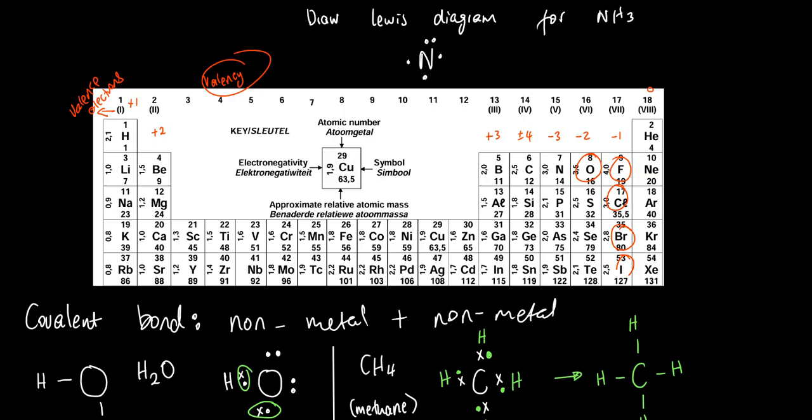And therefore the first H comes there, the second H here, the other H there. So when you write it, it will be N bonded to H, H, and H. That is the Lewis diagram for NH3.